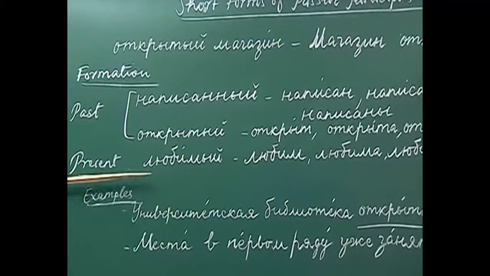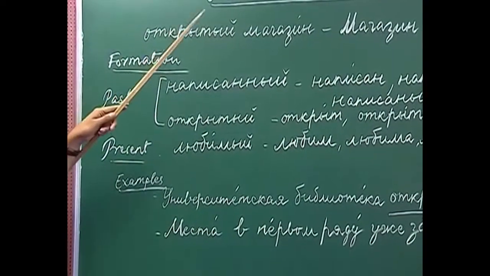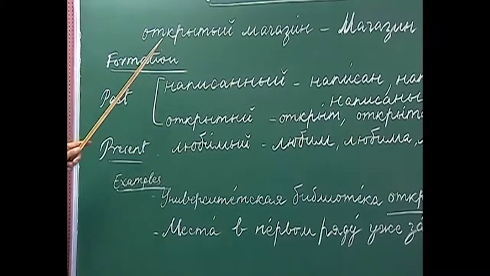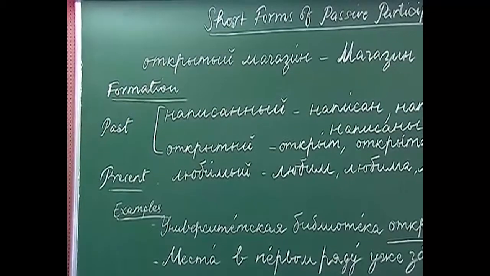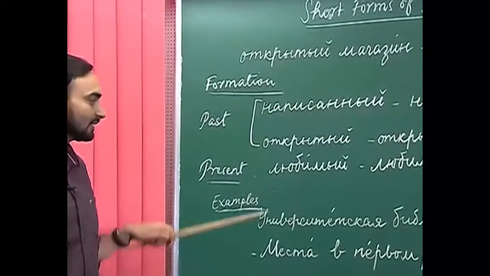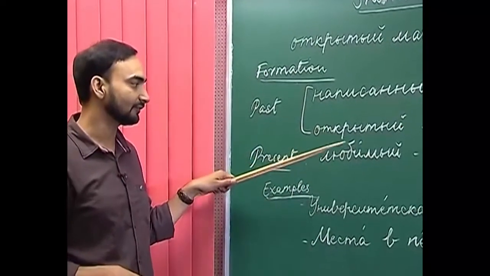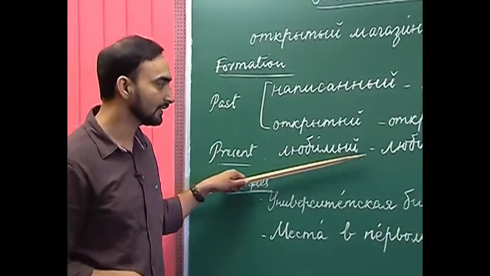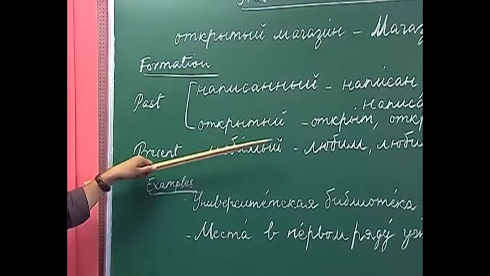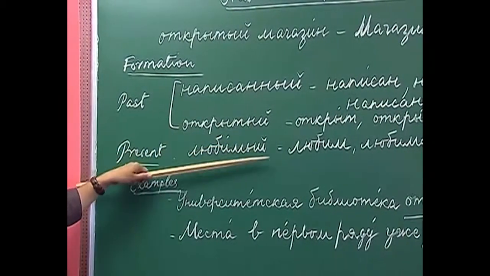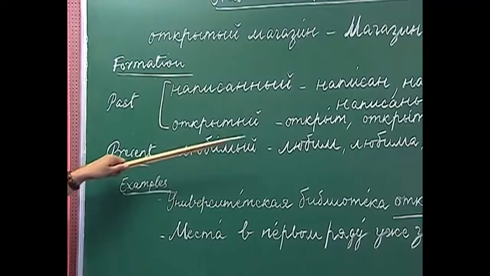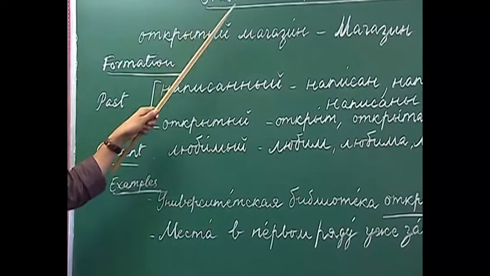So, now the thing is, I have already told you that the passive participles or the short forms of passive participles are also derived from the present participle passive. For example, lubimi is the present participle passive. So, from present participle passives also short forms are derived.